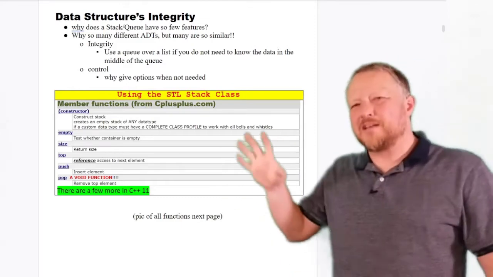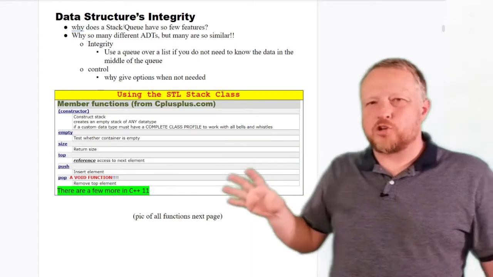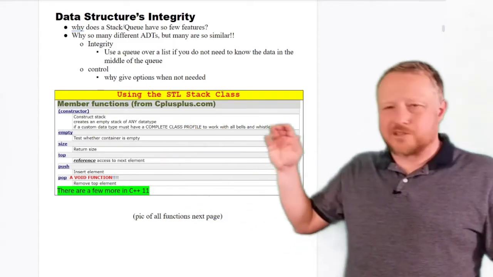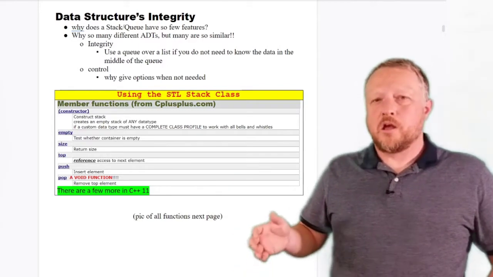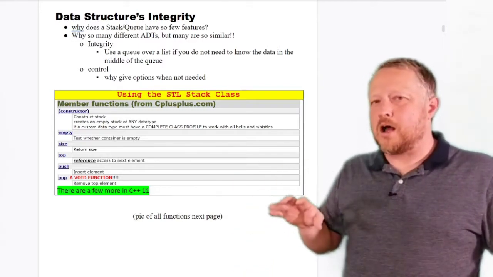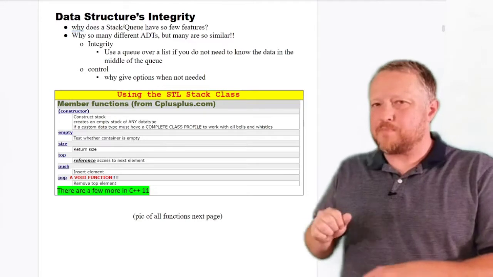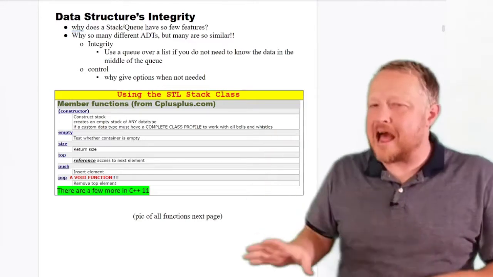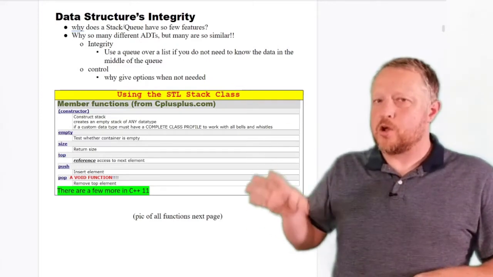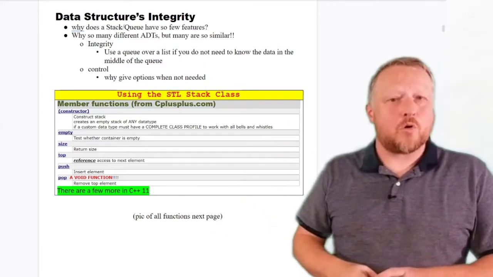So it's a very limited set of functions for our stacks and some queues, and then there are some other ones that are a little bit more liberal, like strings. But that's the integrity part of this: they're trying to keep things pretty tight, keep you handcuffed to exactly how you want to treat that data structure without cheating it in some way.